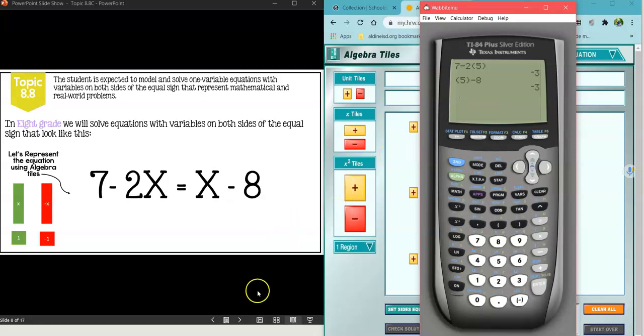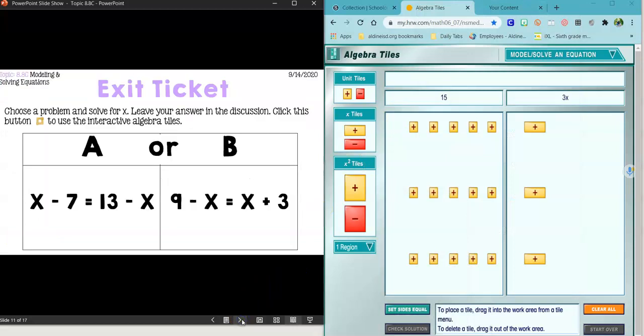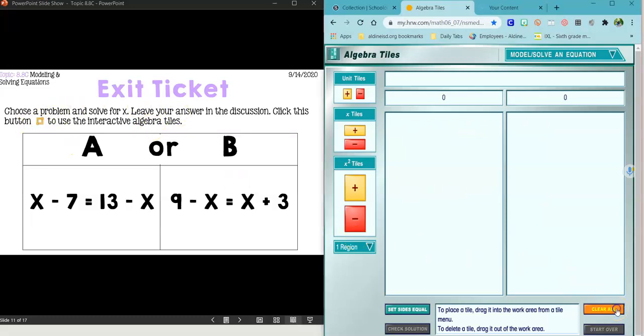Okay, so the next thing I wanted to talk to you about is this exit ticket. Here's your exit ticket for today. I'm giving you the option: you can choose either A or B, but you need to choose one. It says choose a problem and solve for x. Leave your answer in the discussion. Click the link, click this button, to use the interactive algebra tiles.